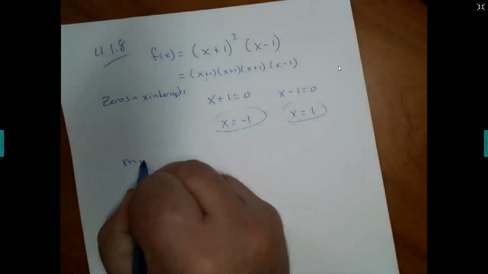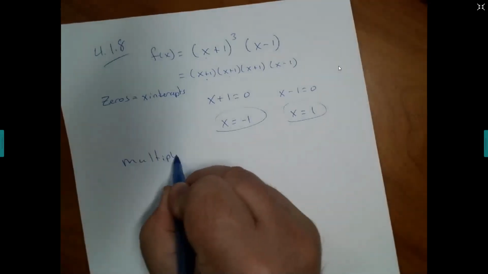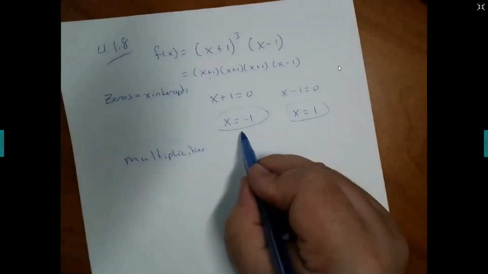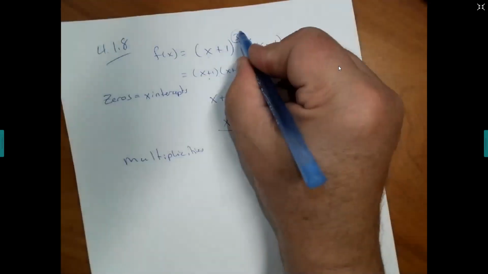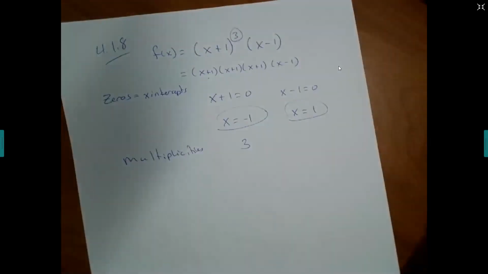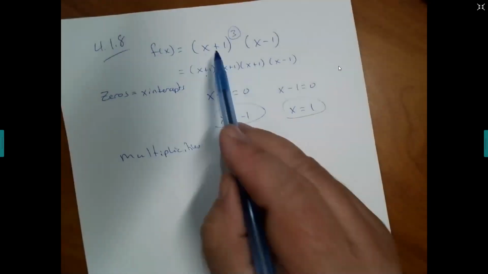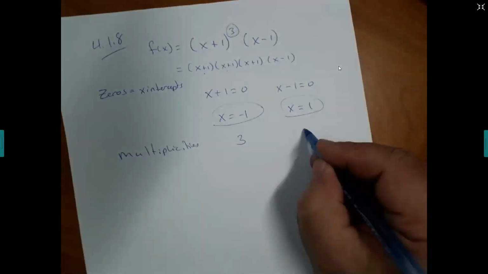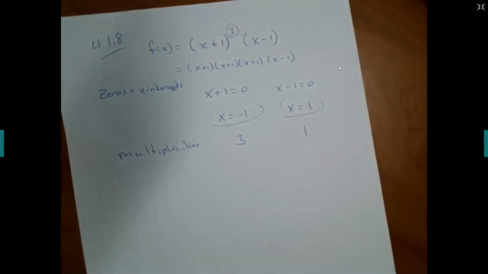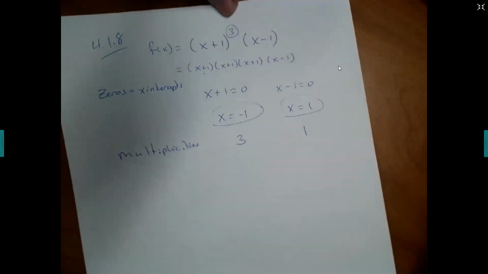The multiplicities. The multiplicity of the first one is the exponent. So the multiplicity of x equals -1 is 3, because this one happens 3 times. And this one only once. So now the question is, what is the importance of a multiplicity?